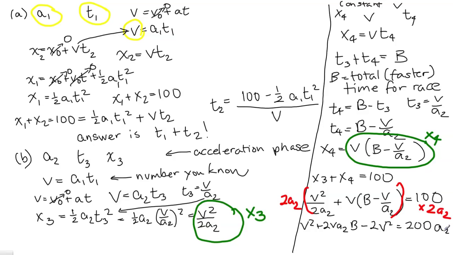And you can solve this for a2. a2 then is going to be equal to v squared over 2vb minus 200. And remember, b is here, and v is there. You can calculate it from the numbers you had.